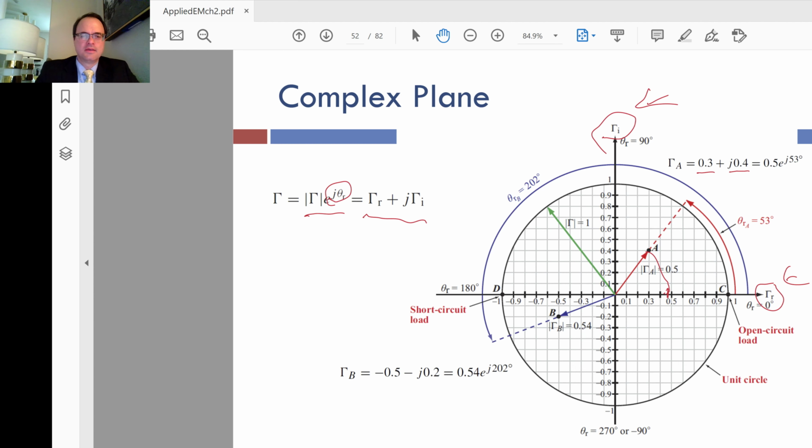And that is just the reflection coefficient of the load itself.